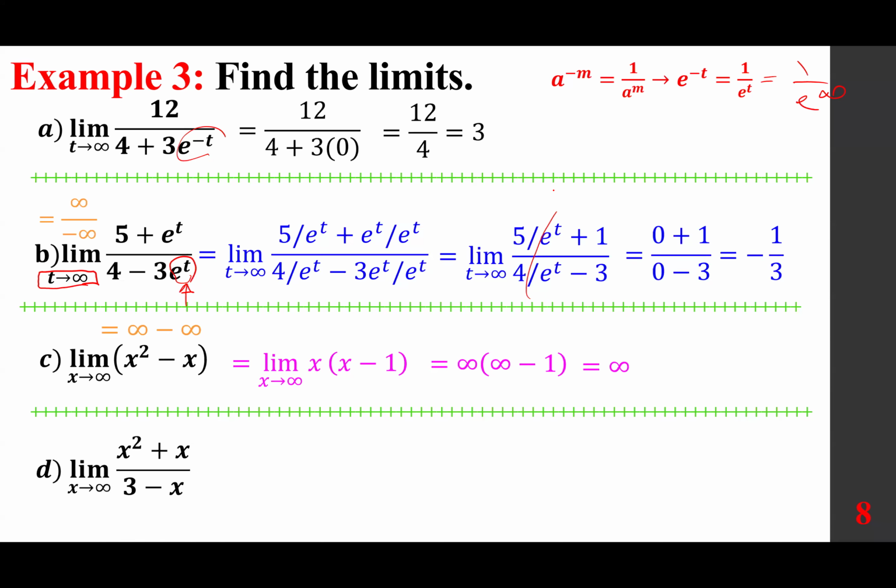This one, if you plug in, you get infinity over minus infinity. You're dealing with a rational expression. x is approaching infinity. You divide by the highest degree term in the denominator, namely x. So you divide everything by that. Now you plug in.